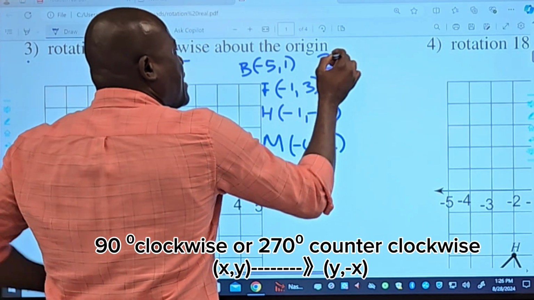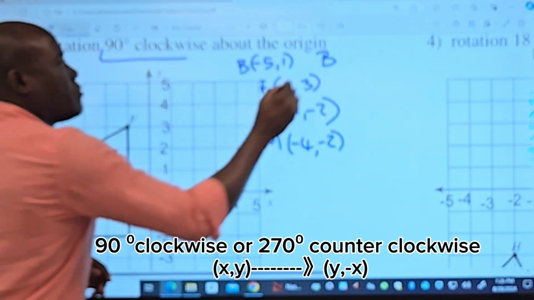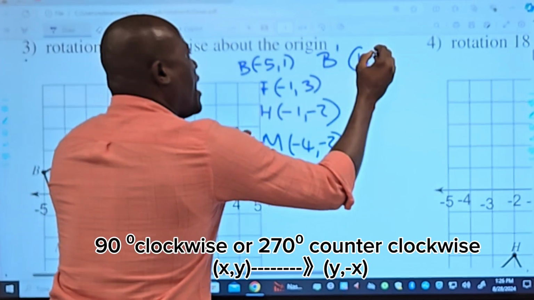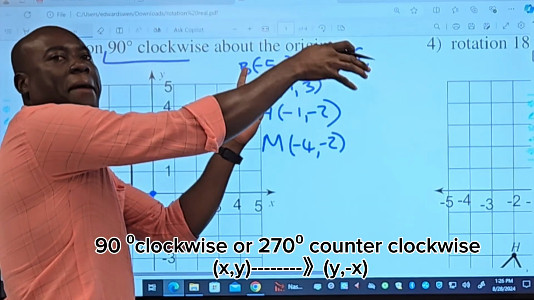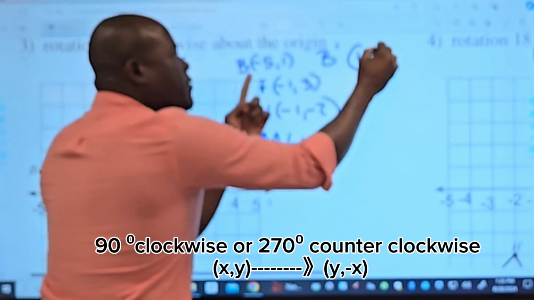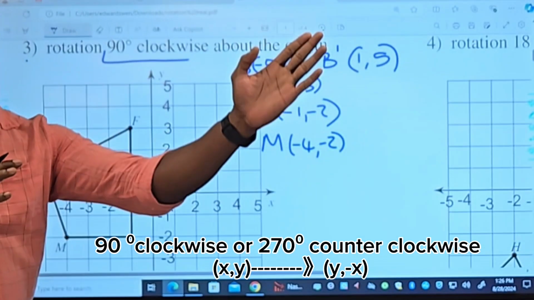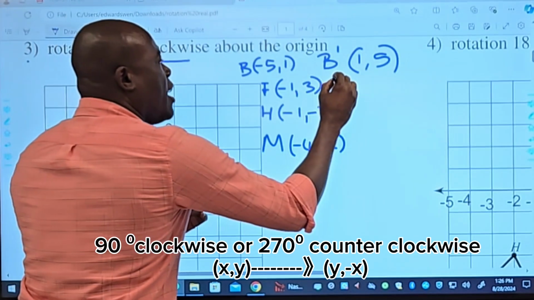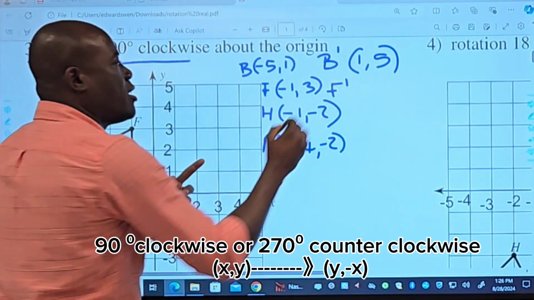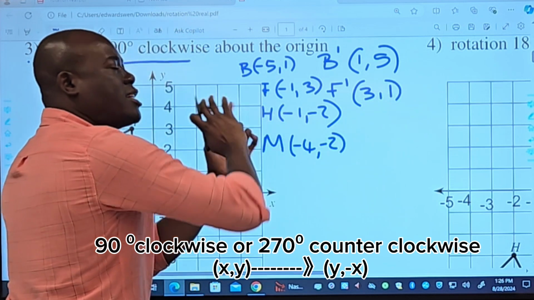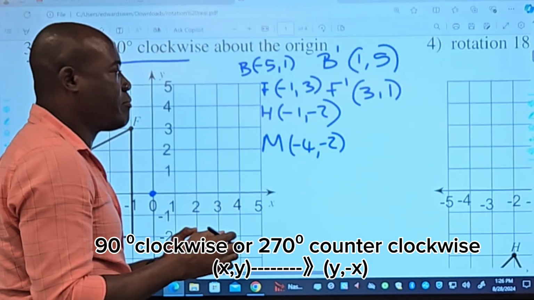What that means is that B prime is going to be positive 1, positive 5. You're only changing the one that goes at the back. Then for F prime, you're going to have 3 at the front and then positive 1 at the back, because you're changing the one that goes at the back.